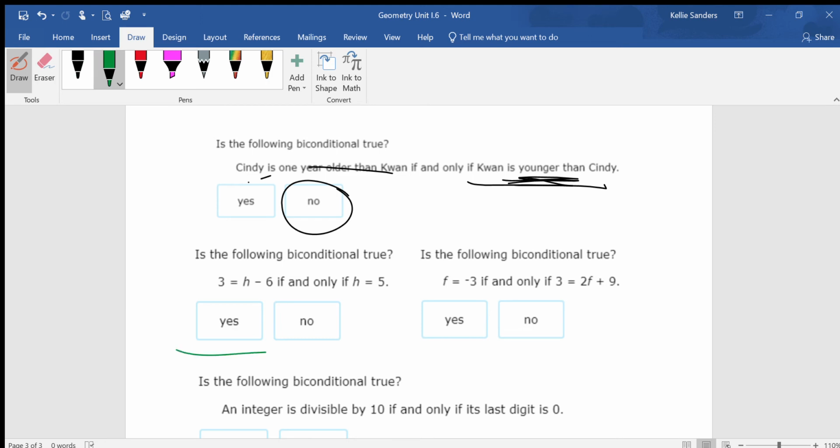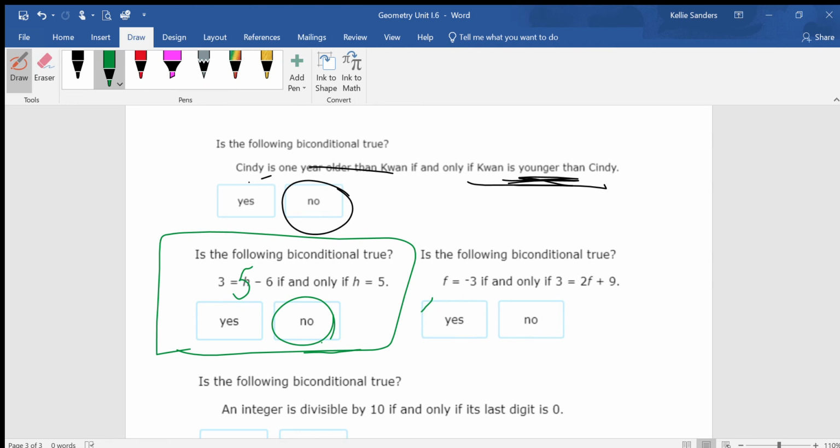Is the following conditional statement true? 3 equals h minus 6, if and only if h equals 5. If I put 5 in there, 5 minus 1 is not 3.